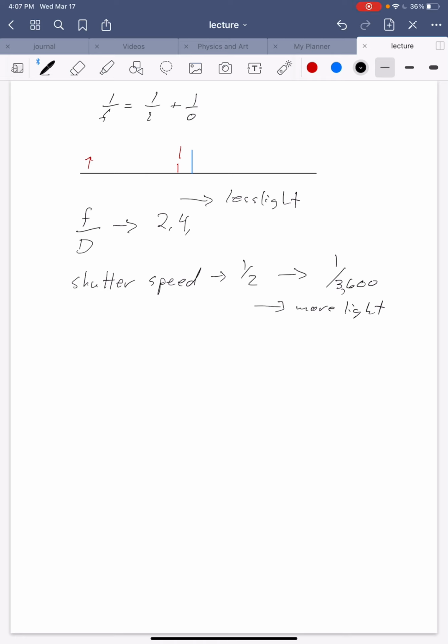And then beyond that, I have these more complicated aspects of shutter speed and F number to determine the amount of light that comes in. So the smaller the F number, the more light, but the worse the field of depth. The shorter the shutter speed, the more light, but the more likely it is for my image to become blurred.